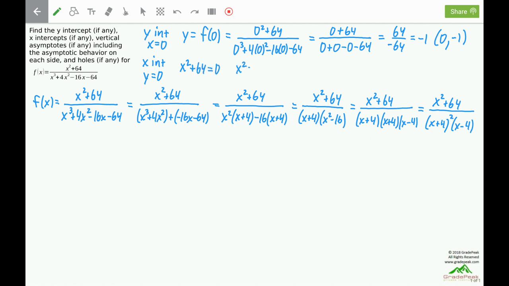Subtract 64 from both sides. x squared equals negative 64. Take the square root of both sides, which gives plus or minus the square root of negative 64. A square root of a negative number is not a real number, and therefore there are none.